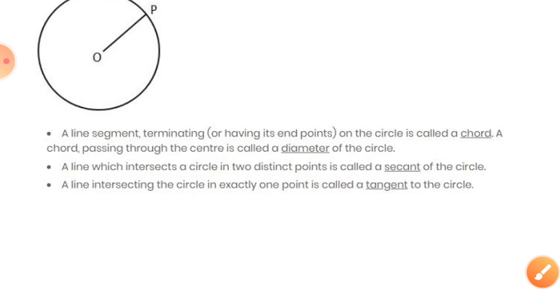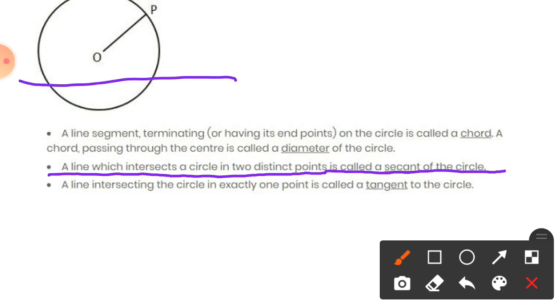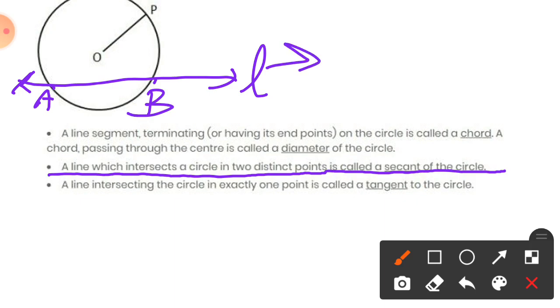Let's move on to the next part. A line which intersects a circle at two distinct points is called a secant. Let's assume the line L intersects the circle at two points A and B. So line L is called a secant.